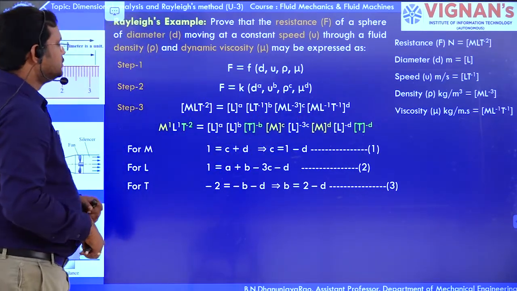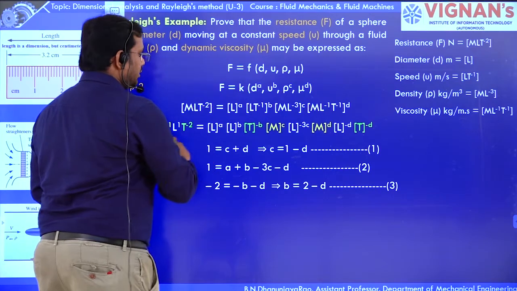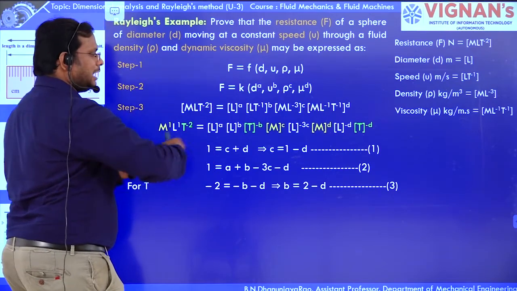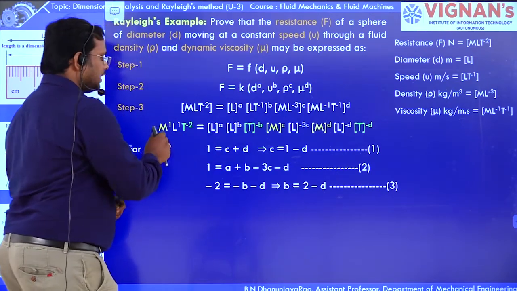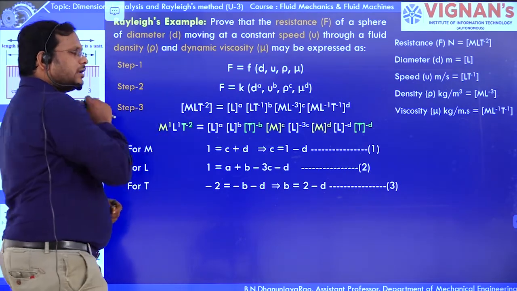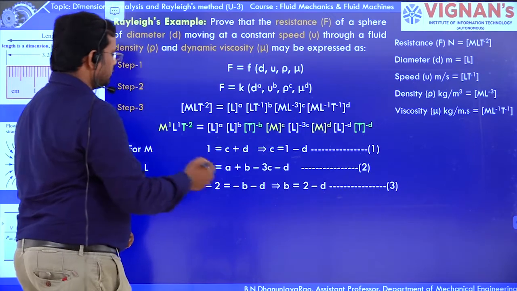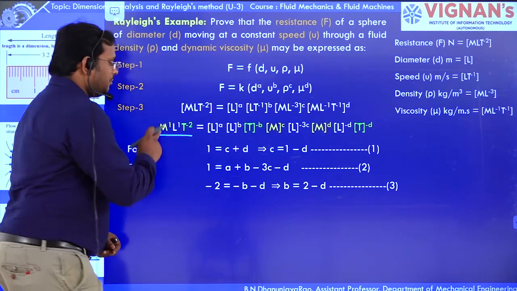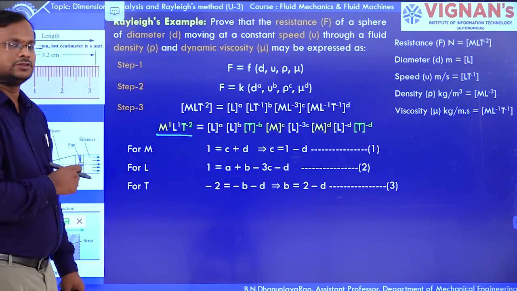Here I am elaborating all the terms. M power 1, L power 1, T power minus 2 on the left side.